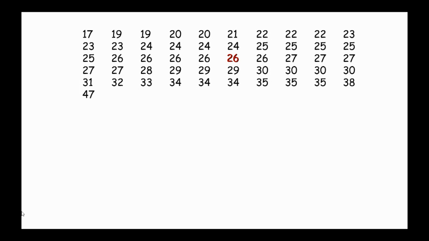So now let's get the lower quartile. For the lower quartile, we want to focus on just the lower half of the data set. Well, there's 25 here. So that means I need to count to the 13th one. There's 10, 11, 12, 13.